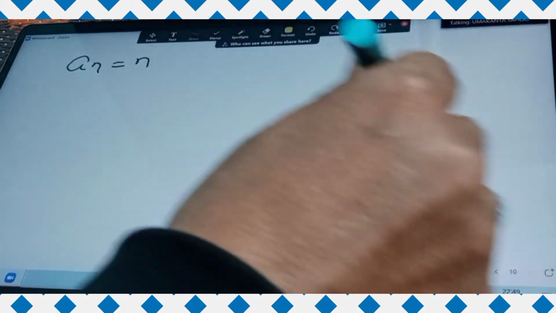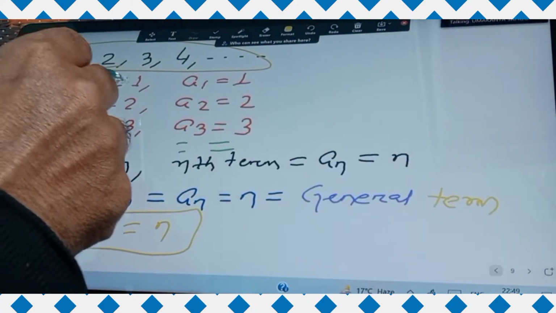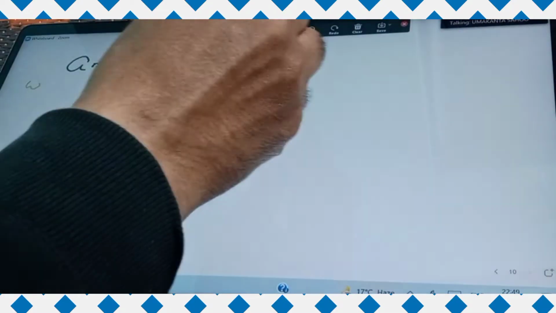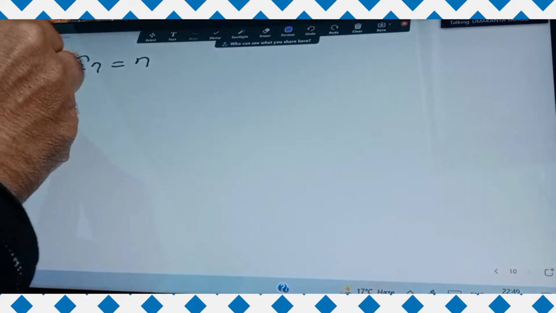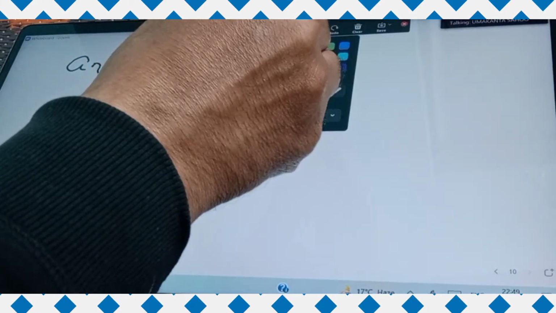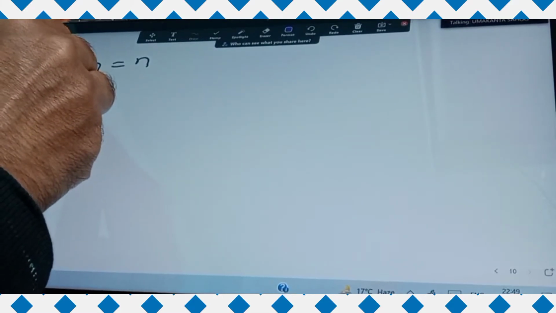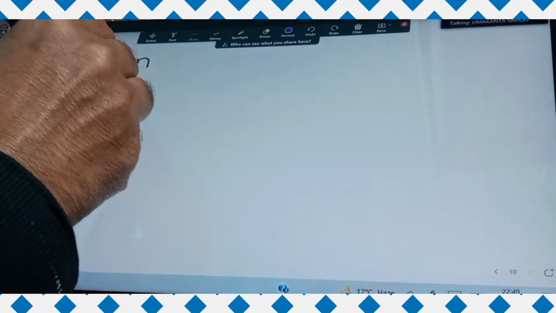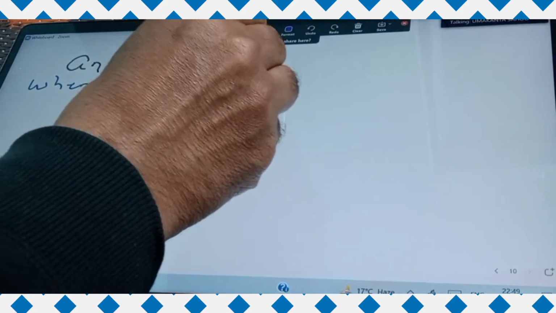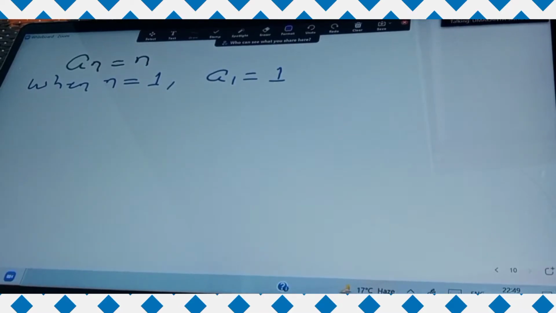Yes or no? Yes, because when n is equal to 1, we shall get the first term, a1. Can you replace the value in place of n?